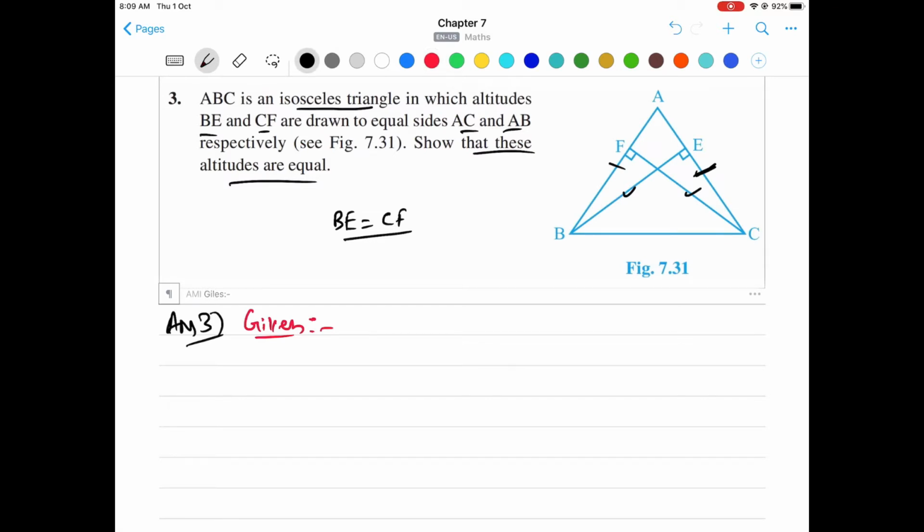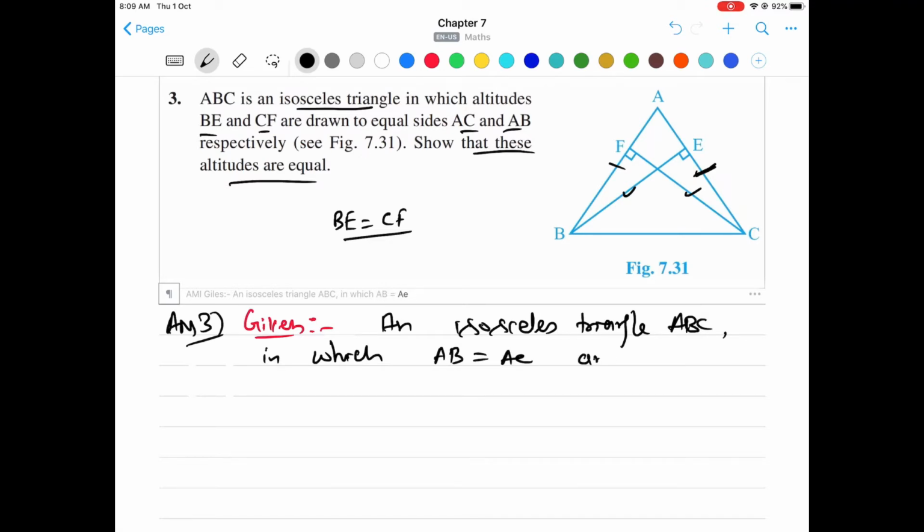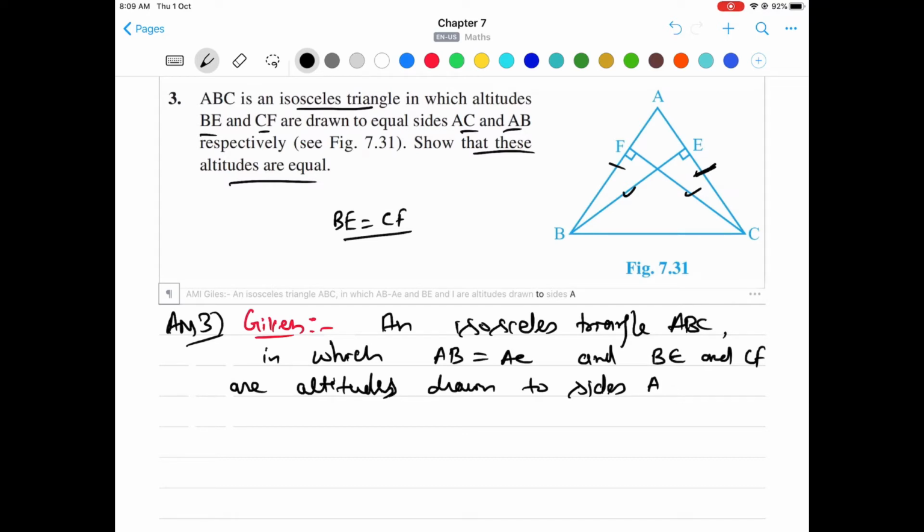Given here is an isosceles triangle ABC in which the side AB is equal to AC, and BE and CF are the altitudes drawn to sides AC and AB respectively.